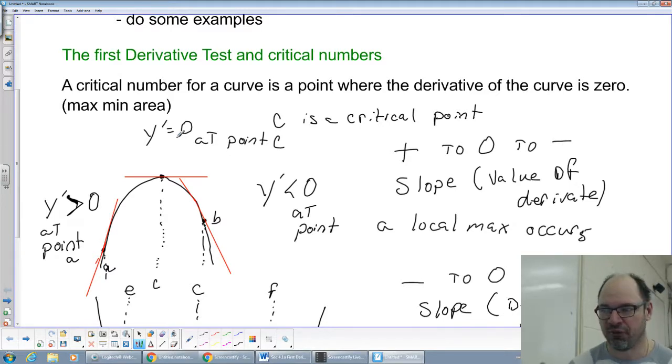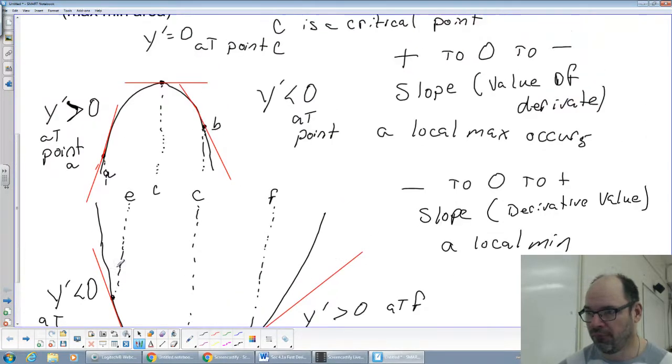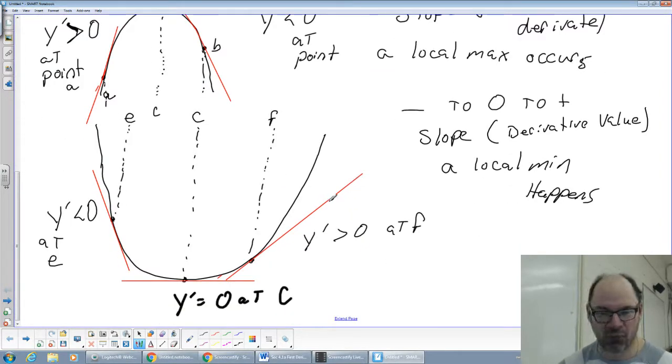If we have negative, then positive, it's going to be the U, a valley. If we have positive, then negative, it's going to be the n, the hump. That's basically the first derivative test. So let's take a look at an example now.